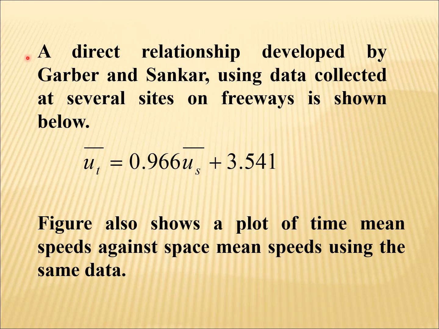A direct relationship developed by Garber and Sankar using data collected at several sites on freeways is shown below. So this relationship is also there. The figure also shows a plot of time mean speeds against space mean speeds using the same data.